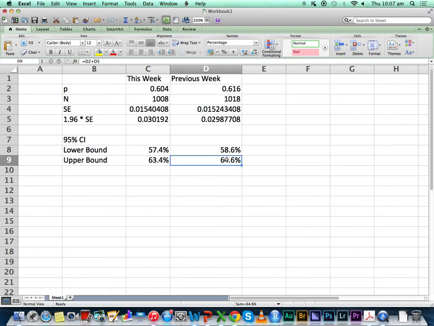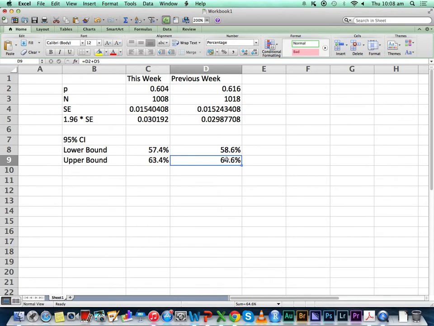And for this week, it's a little bit less. Should be something like that. As you can see from the number line, these regions overlap, right?